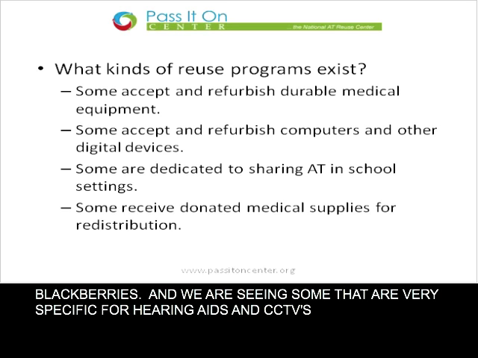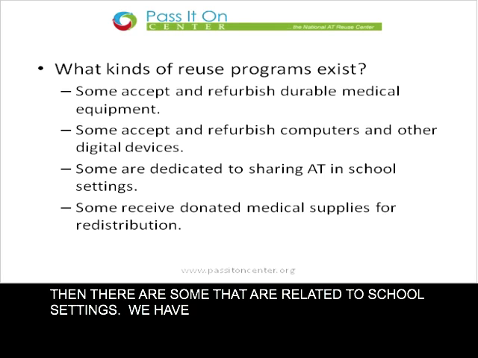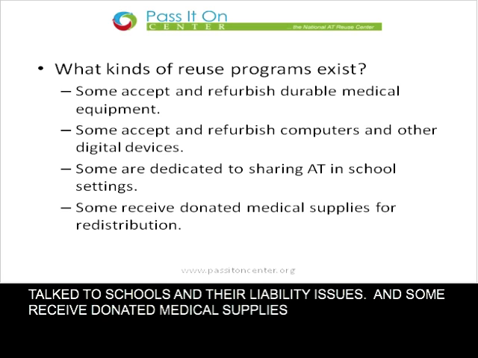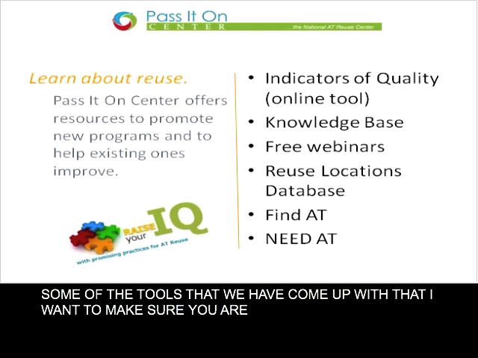We're also seeing some that are very specific to hearing aids and CCTVs for folks that have vision-related issues. And then there are some that are dedicated to sharing assistive technology only in school settings. We've worked a lot with schools and talked to them about some of their liability issues and some of the things you want to consider. And then some receive donated medical supplies for redistribution. There's a program, for example, in North Dakota that I've worked with called HERO that does that.